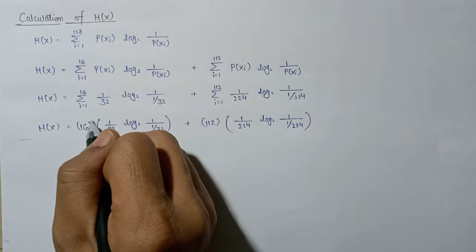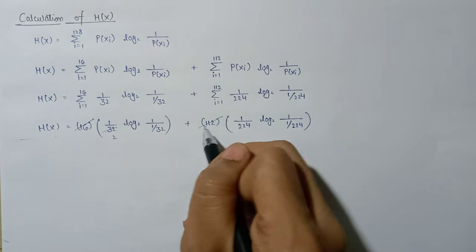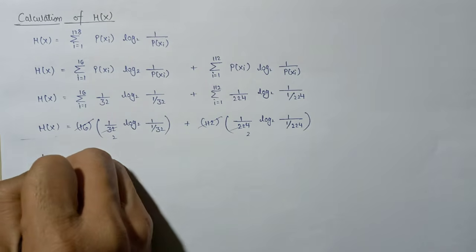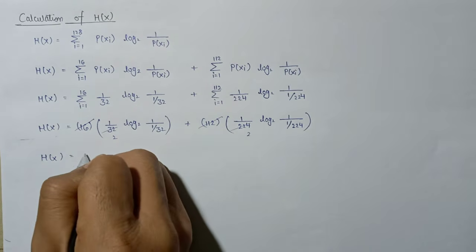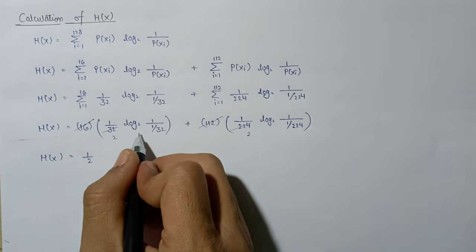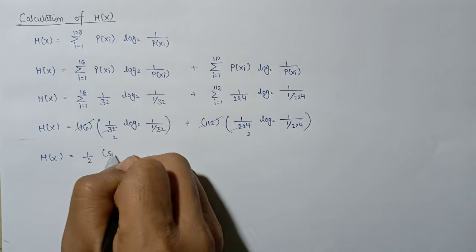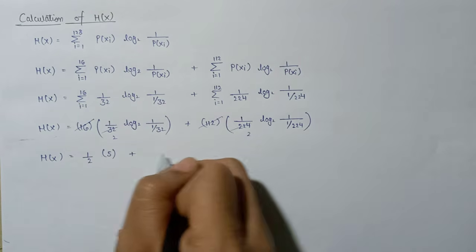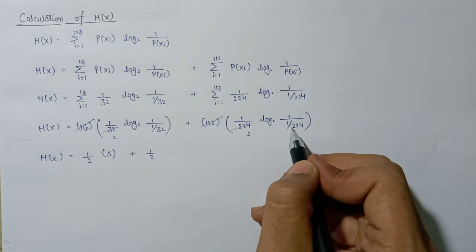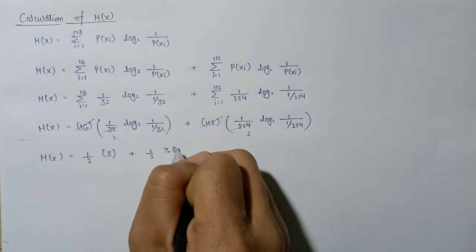Now this will get cancelled with this 2 times, and it will also get cancelled with this 2 times. So the final value for h of x will be 1 by 2, and log base 2 1 over 1 by 32 will become 5 only, plus 1 by 2, and log base 2 1 over 1 by 224 will become 7.808.